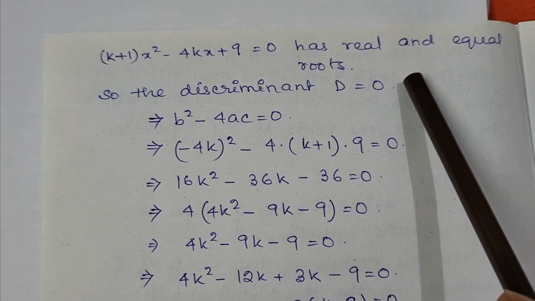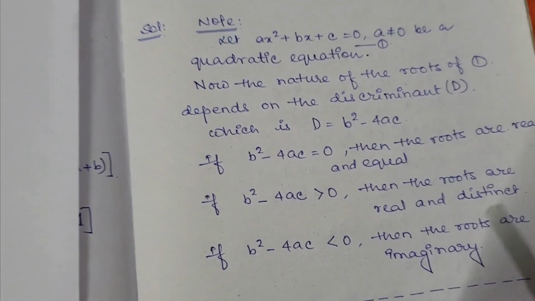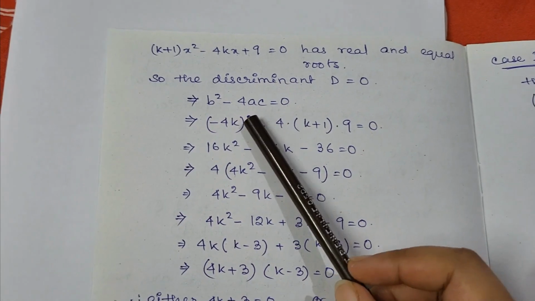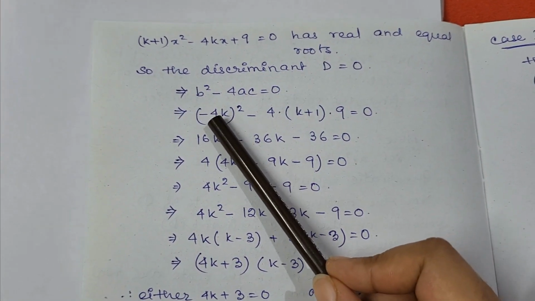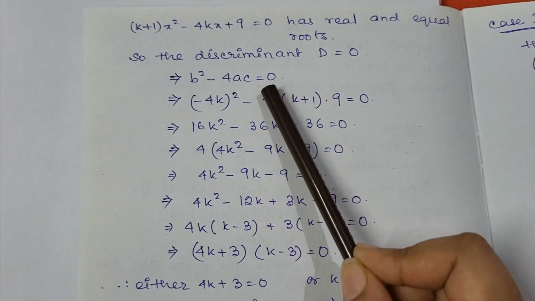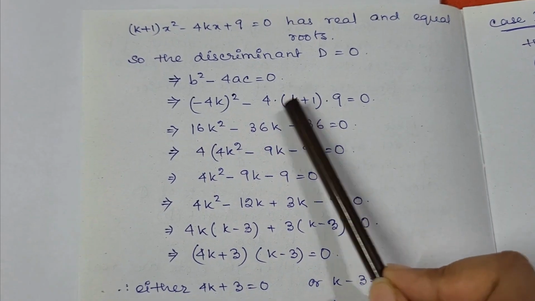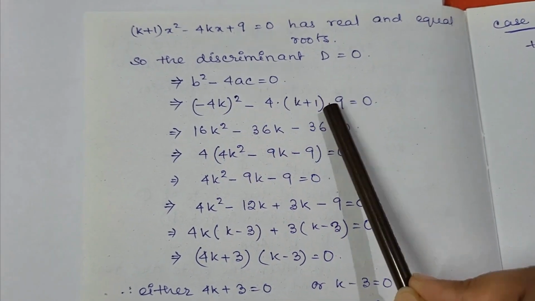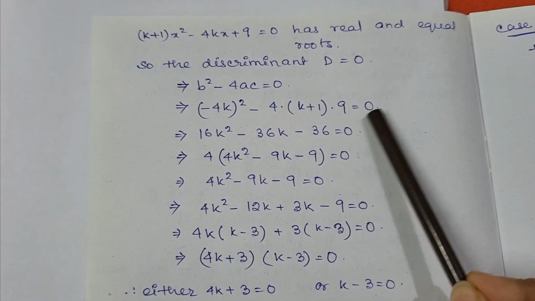So the discriminant is equal to 0. What is the discriminant? The discriminant was actually b square minus 4ac. Now the value of b was minus 4k, the value of a was k plus 1 and the value of c was 9. So substituting the values of b, a, c in the discriminant, we get this equation.